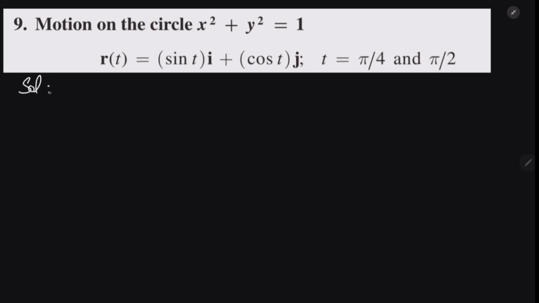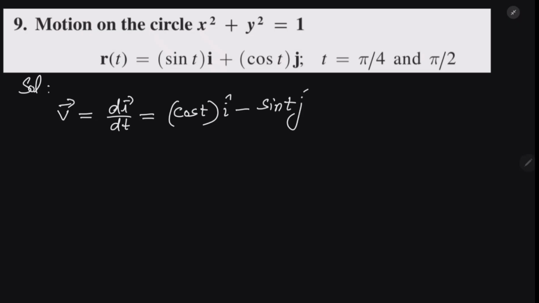So solution, velocity is dr by dt, which is cos t i minus sine t j.